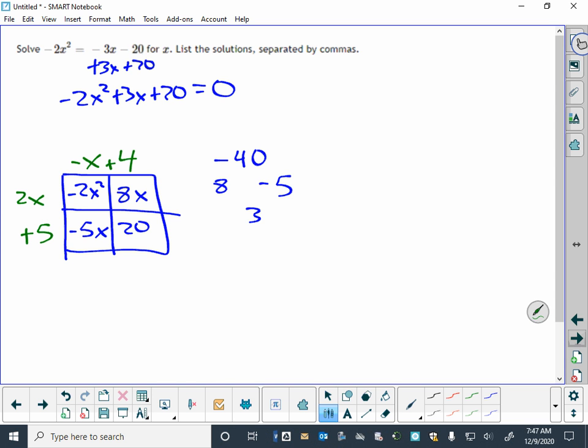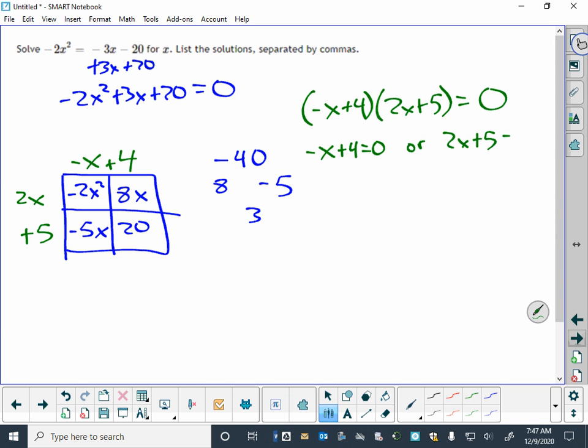So this factors into negative x plus 4 times 2x plus 5 equals 0. And this, from its factored form, I can solve with the zero product property. So either negative x plus 4 equals 0, or 2x plus 5 has to equal 0 in order for that product to be 0.